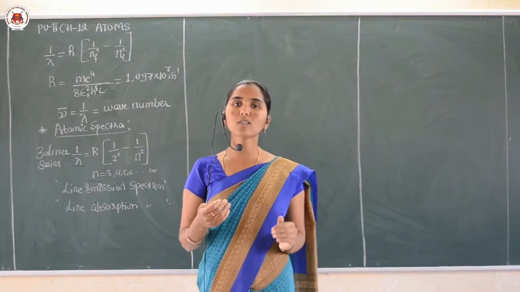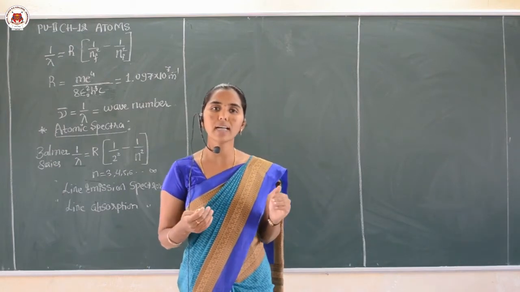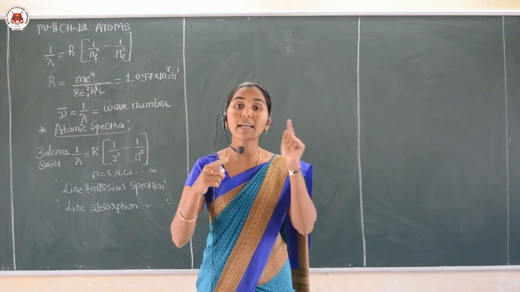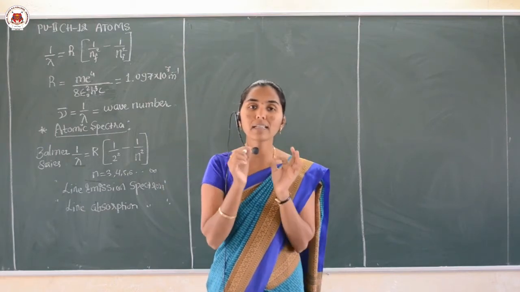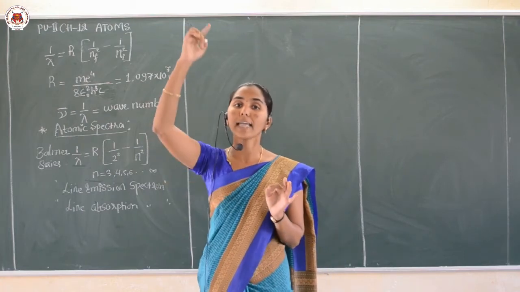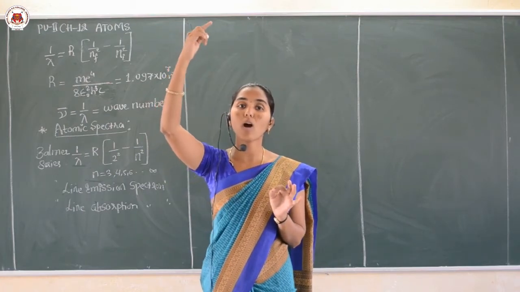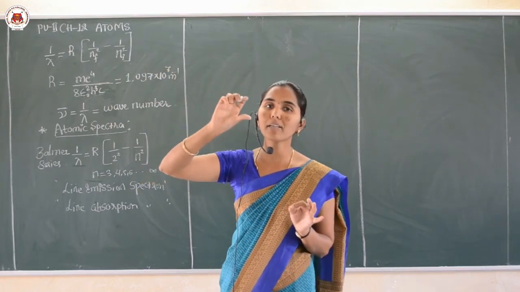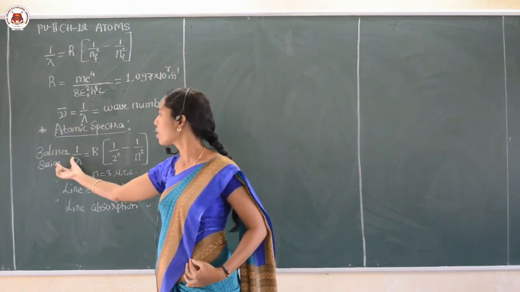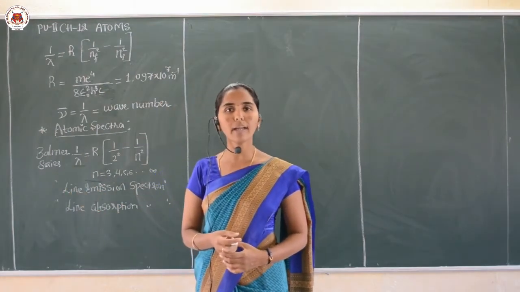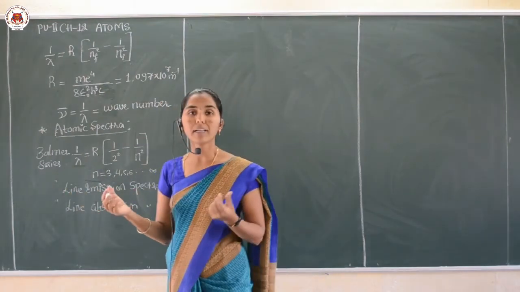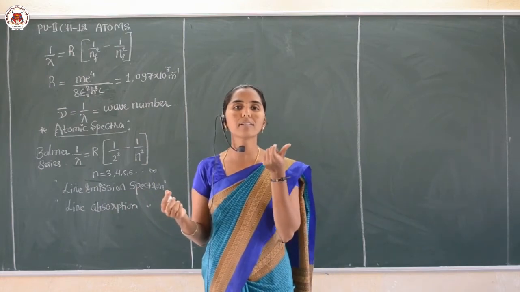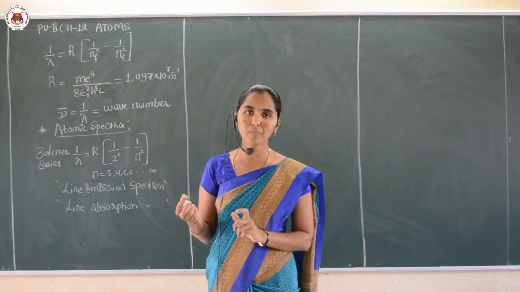When an electron makes a transition from a higher energy state to the second orbit, the spectrum obtained is called the Balmer series. And the Balmer series is observed in the visible region of the electromagnetic spectrum.